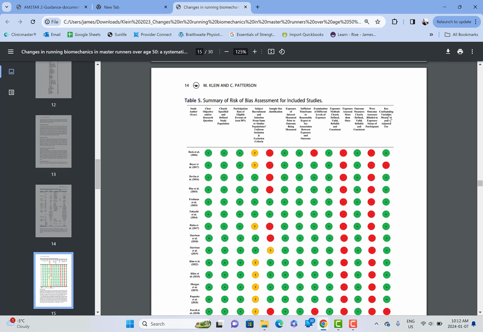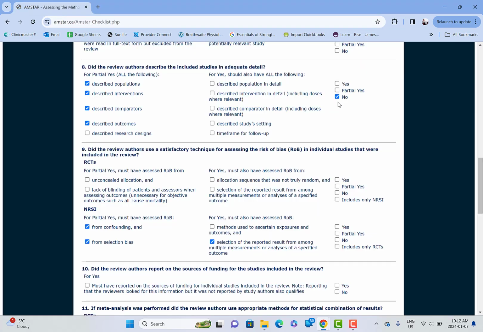It also included an item to assess that key confounders were identified and adjusted for. And then the CADOX, even their modified CADOX, also assessed validity and reliability of the outcome measures. So I answered yes to this question, but just with the considerations that I've just discussed.